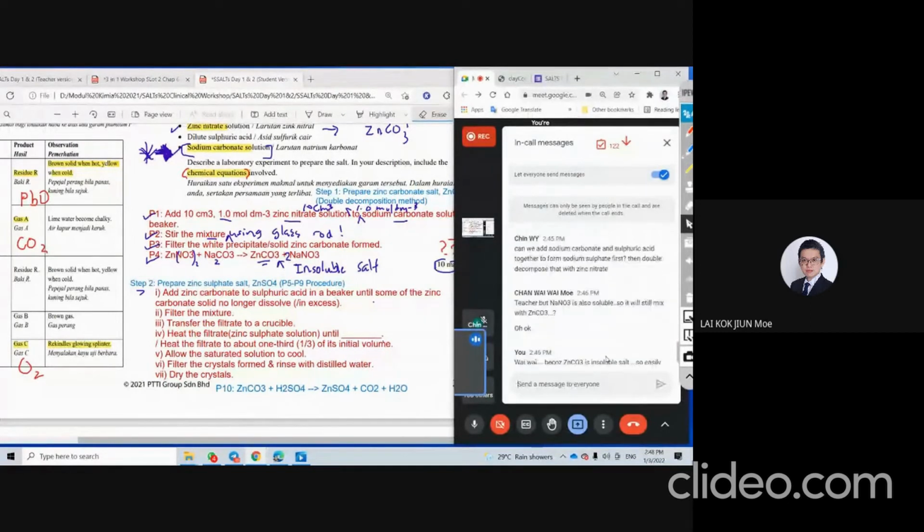So when soluble, you want to make it decompose. Soluble salt is soluble salt. Then we'll form an insoluble salt, right?